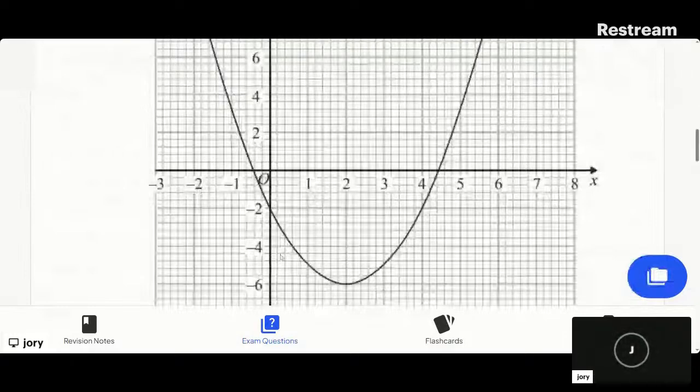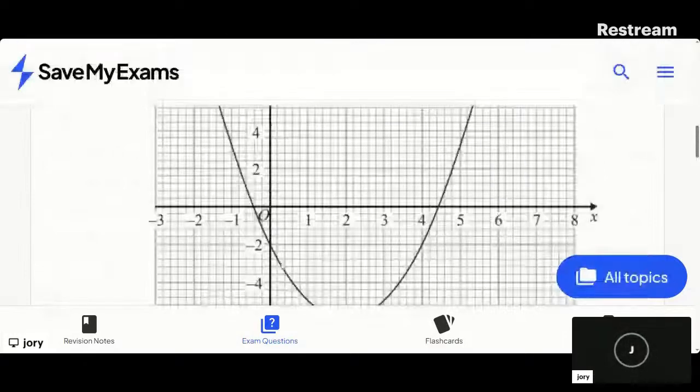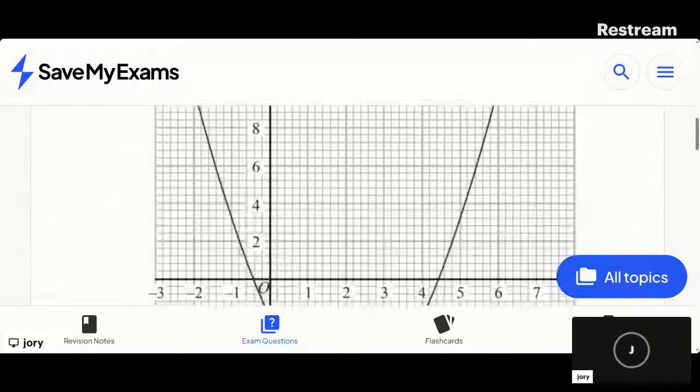What happens when it goes down 4 points? I don't understand. Okay, so the solution is 4 points up. Here it is. It's negative 1.1, and here it's 4 points up.